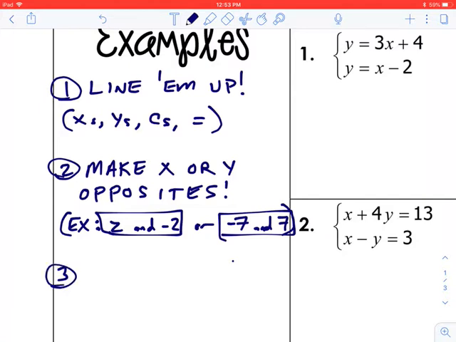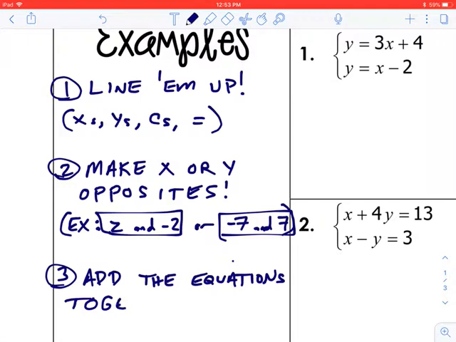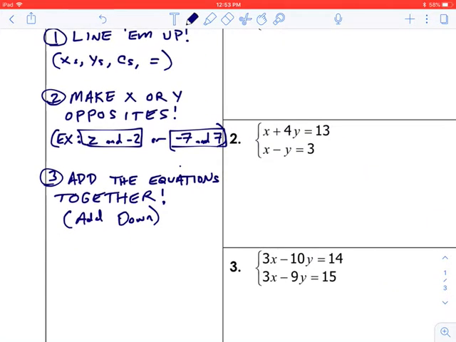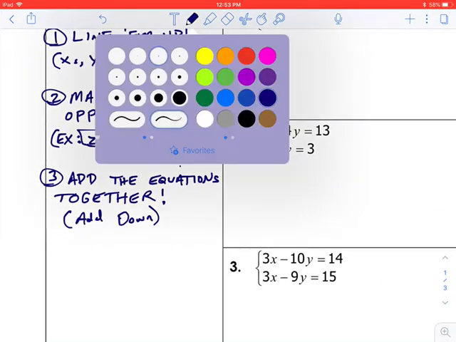Number 3, add the equations together. So we're going to add down, because when you do that, that's going to cancel out the one that's opposites.